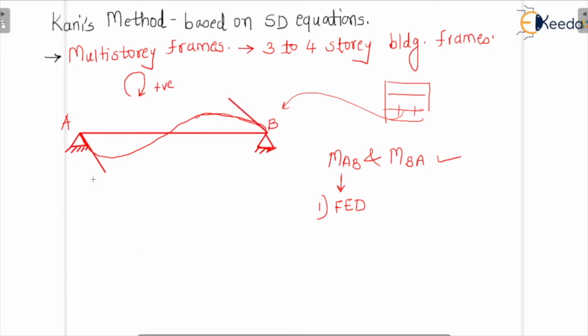A slope theta A we can show like this, and the slope theta B like this, due to the moments M of BA and M of AB. The overall length is L. This is a typical member we have considered.